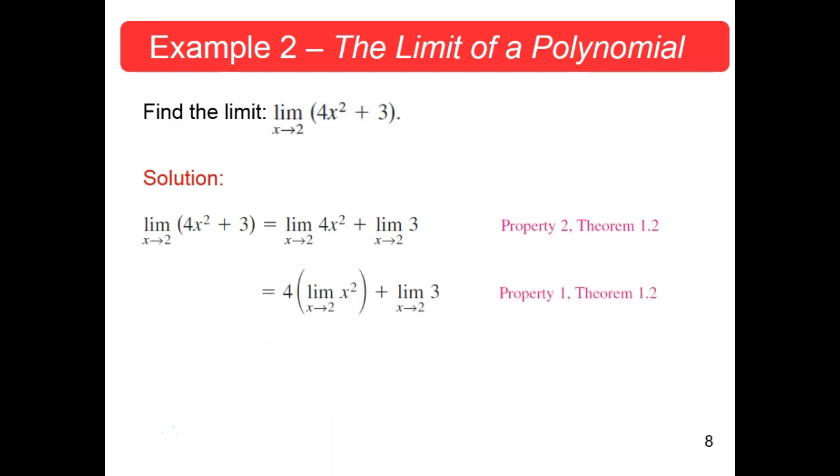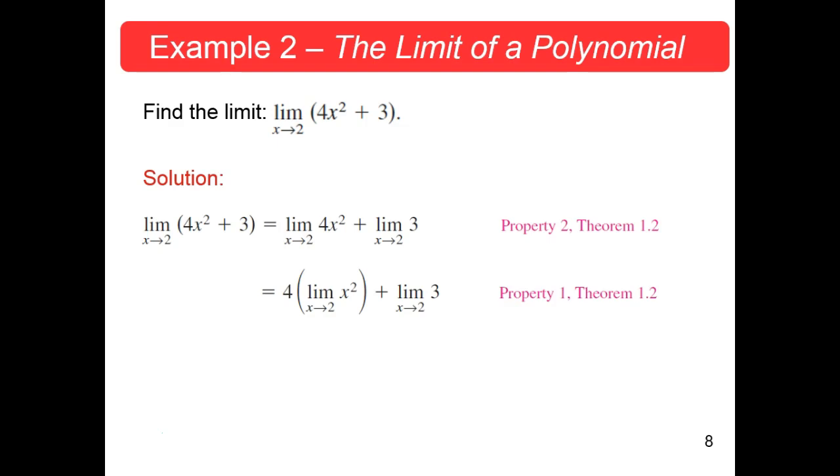Just like I told you, they split the sum: the limit of a sum is the sum of the limits. And then they say the limit of a constant times a function is the constant times the limit of the function. And this just stays the limit of 3. And then this will be 4 times the limit of x squared, 2 squared.